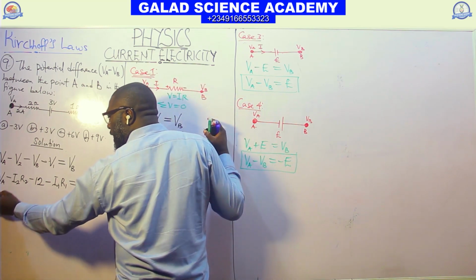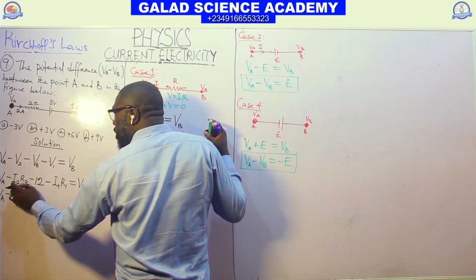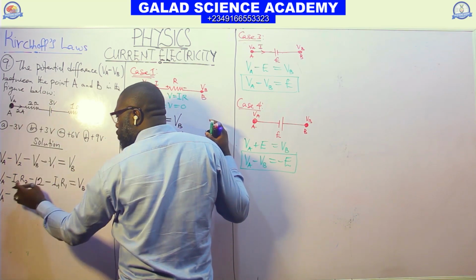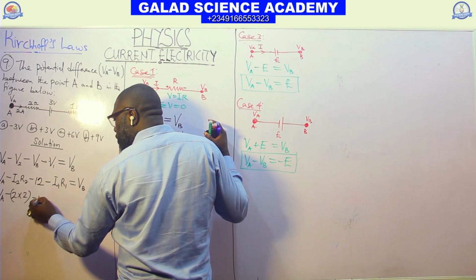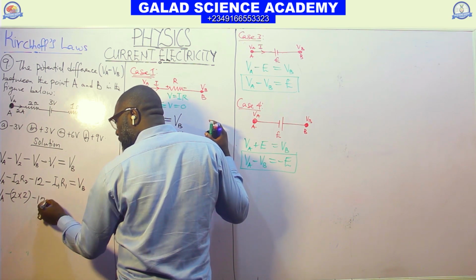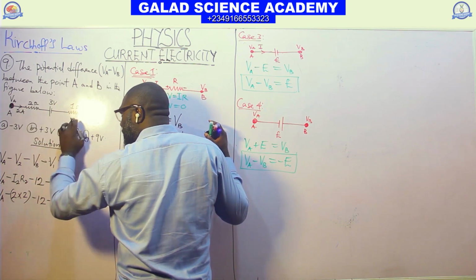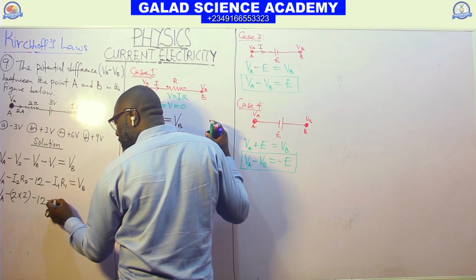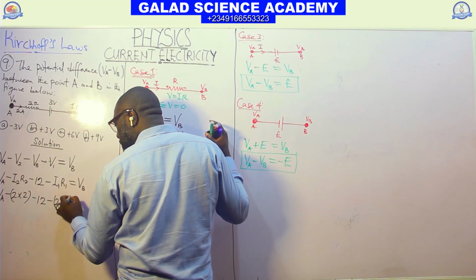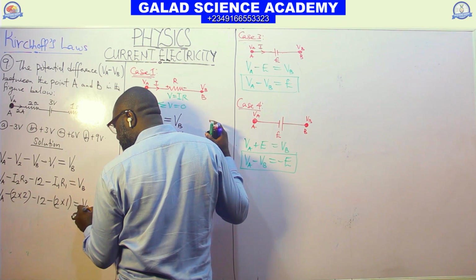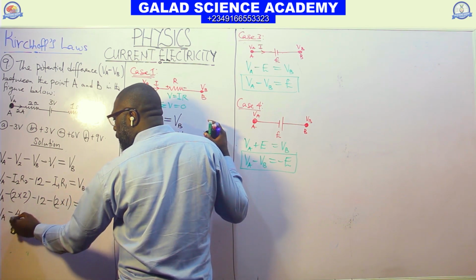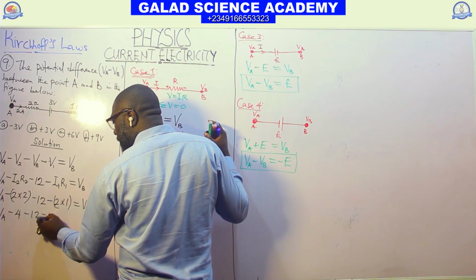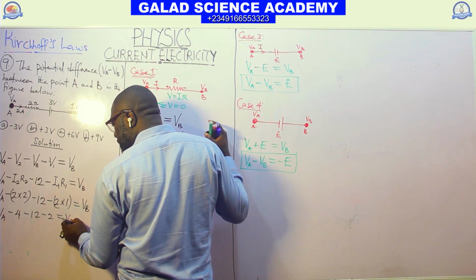So the VA here, the current is 2 times resistor 2, that will be 2 multiplied by 2, minus 12, then the current here is 2 times 1 equals VB. So we have VA minus 4 minus 12 minus 2 equal to VB.